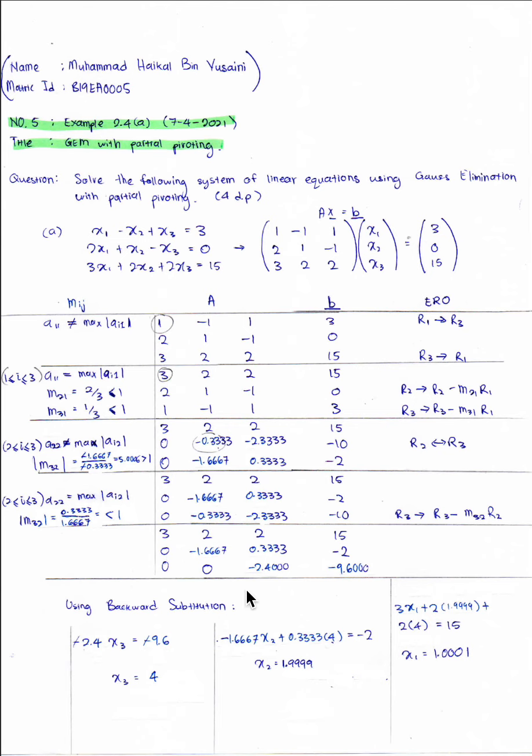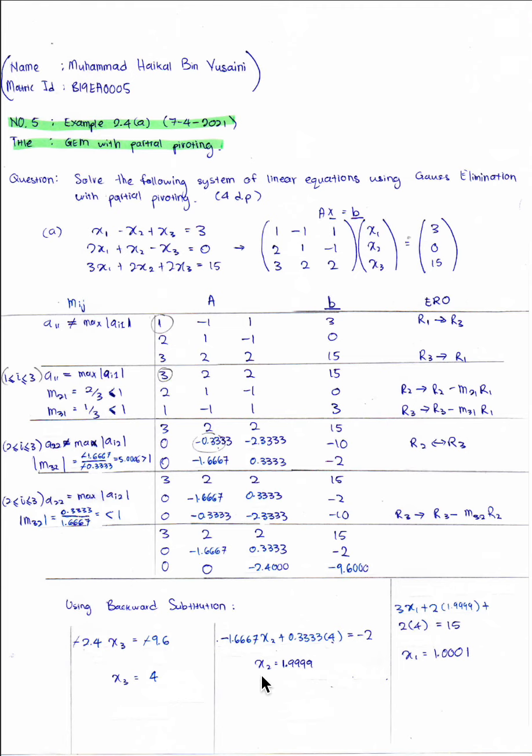After that, we use backward substitution to get each x1, x2, x3 value. We use the bottom equation here, so we get x3 equal to 4. Then we go to the second row. This second row gives this equation, and then we get x2 equal to 1.999.